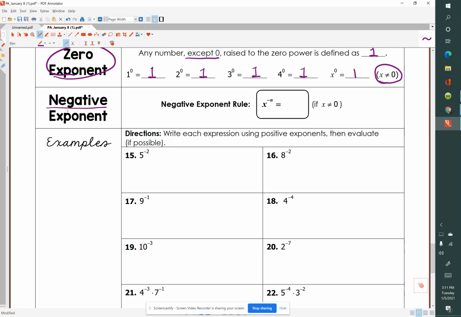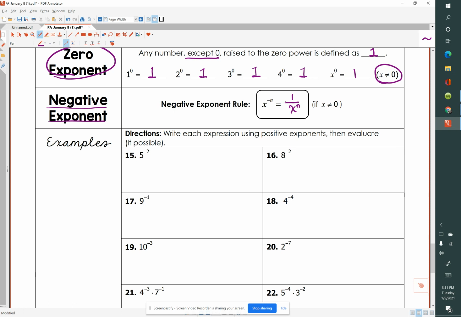Now we have the negative exponent rule, and the negative exponent rule says that any number raised to a negative exponent equals the number as a denominator with the same exponent in a positive fashion if it's written under 1. So x to the -1 equals 1 over x to a positive n.